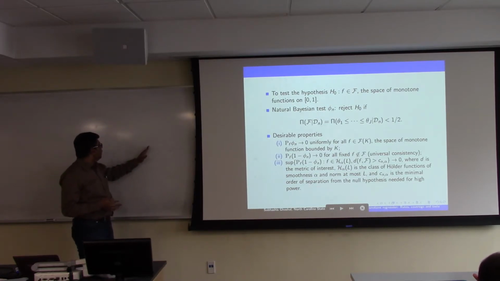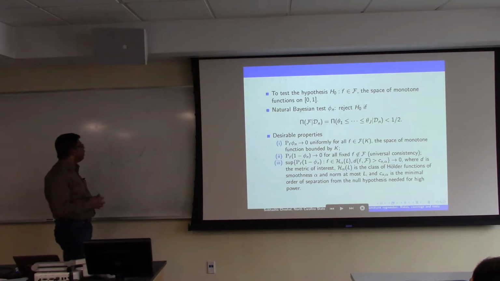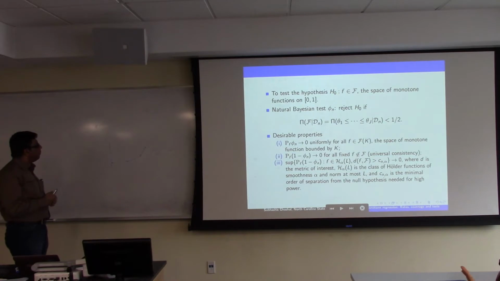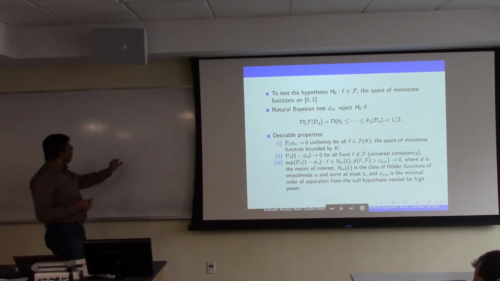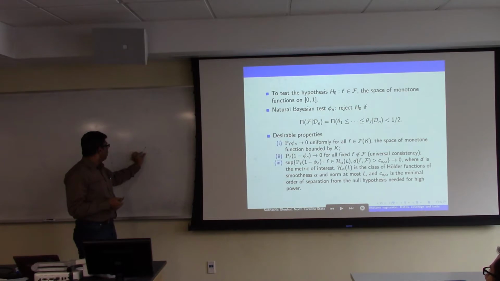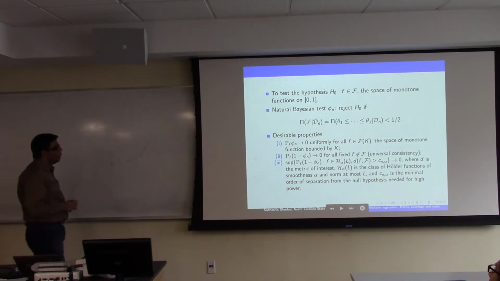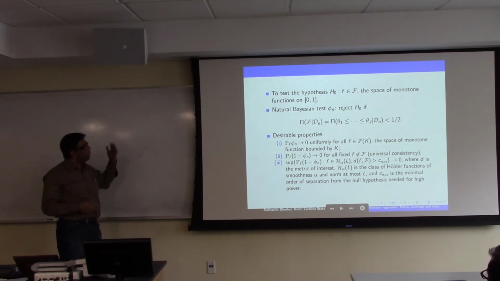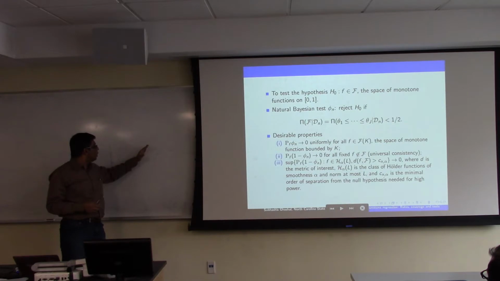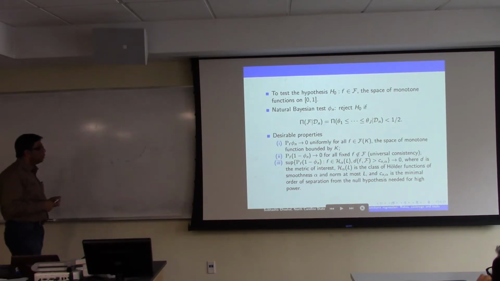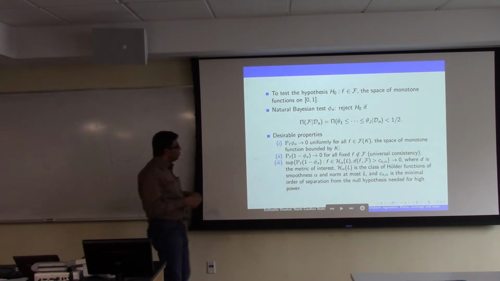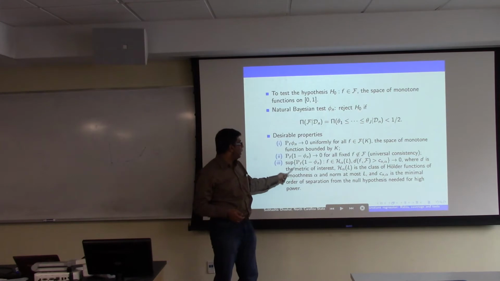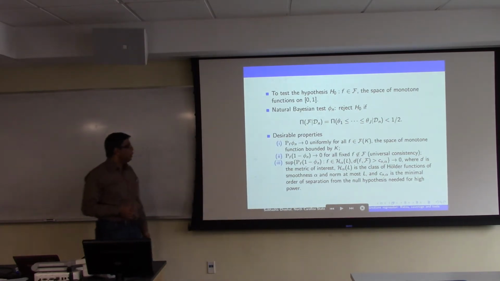So the question is how much separation you need in order to have the power go to 1. That measures how accurate the testing is: the smaller the separation, the better. The expectation is that it should be somewhat like the convergence rate for that class of functions. So that's what we want to do roughly: put some minimal separation so that the power goes uniformly to 1.